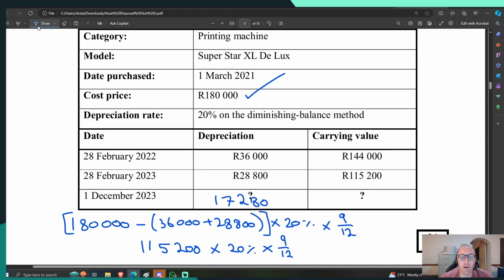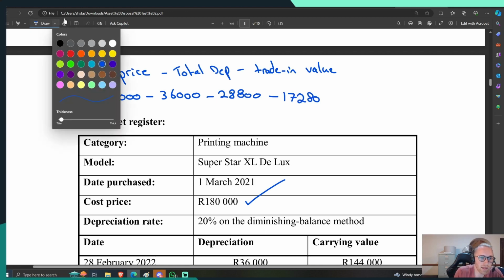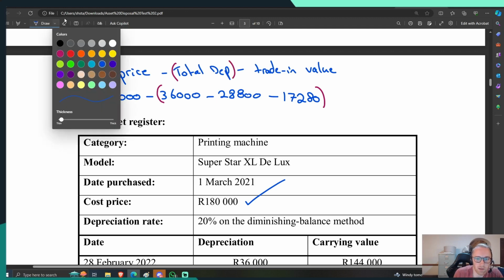All right, now that we've got the final depreciation, the last bit of depreciation, we can go ahead and include that in the total depreciation calculation we're currently doing. Minus 17,280. If it helps you to understand what we're doing, we can put in brackets the total depreciation, but now that it's in brackets, we have to make these plus.